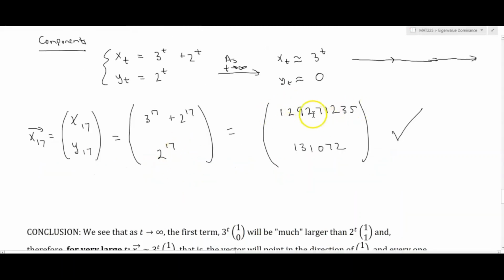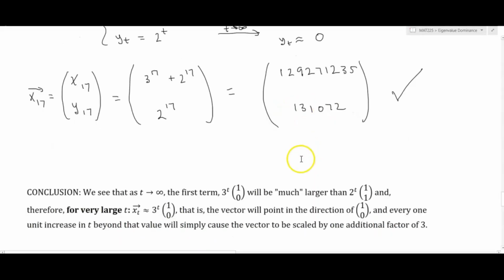In our case, that multiple is not quite 1 to 0, but it pretty much is a 1 to 0 relationship. If I multiply by 3 again, the vector will point in the direction of 1, 0, and every 1 unit increase in t beyond that value will simply cause the vector to be scaled by 1 additional factor of 3. So it's going to point in the direction of 1, 0, but continue to get longer and longer.